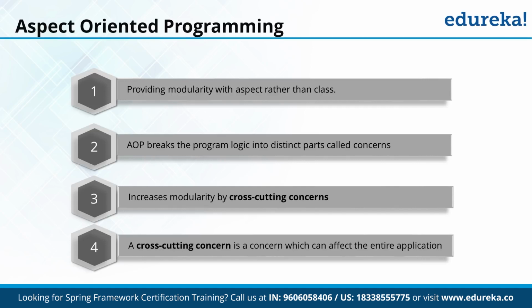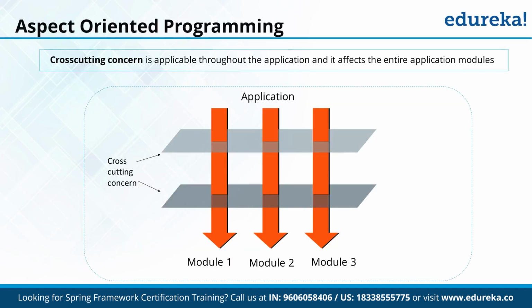So it gives us a lot of other things, right? As number one, it's going to provide modularity. AOP will break the program into distinct parts called concerns. It also increases the modularity, right? When we write these cross-cutting concerns, a cross-cutting concern is a concern which can affect the entire application, right? For example, security is one of the major cross-cutting concerns. So we must be implementing them in a proper and regular way. All right, so have a look, guys.